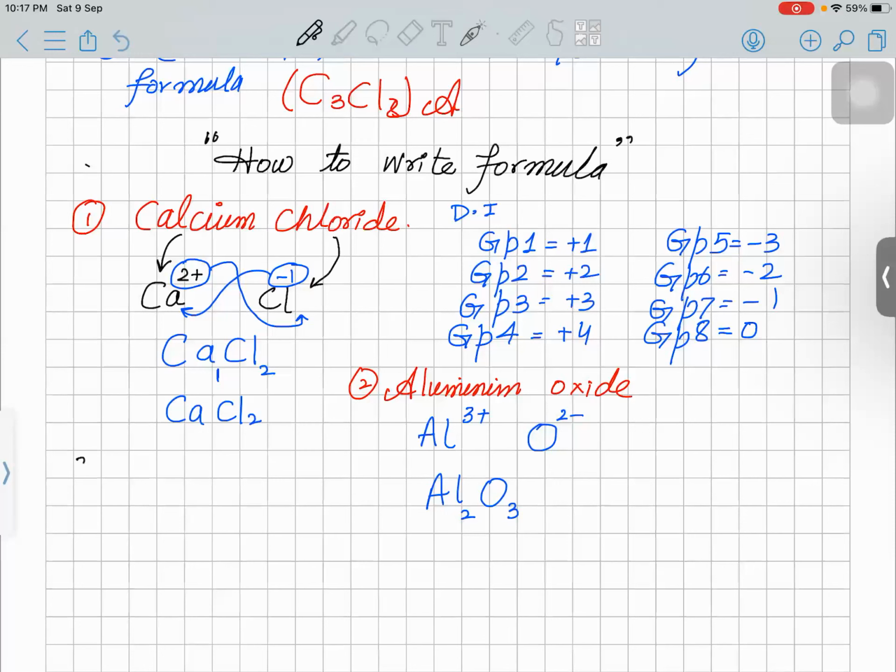Now question number 3. Sodium iodide. Sir, the symbol for sodium is Na.